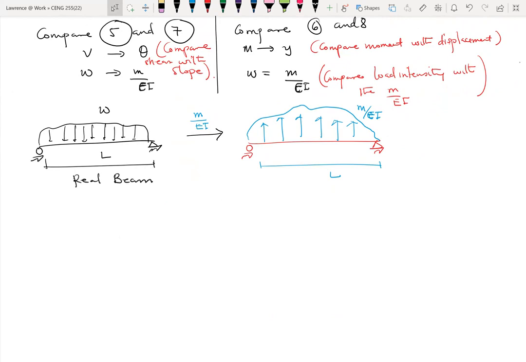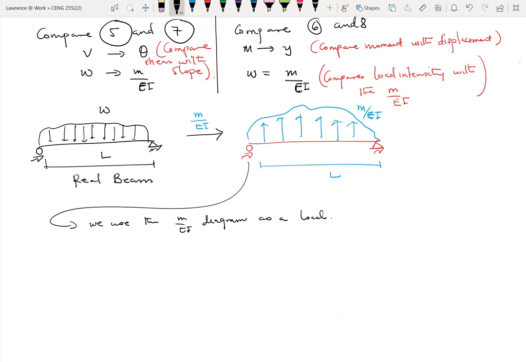And then we are saying that if we take this M over EI diagram and use it as a load instead of the original beam, we could develop some theorems or some equations from it, which would be useful to us.